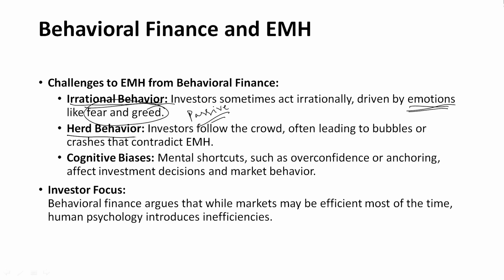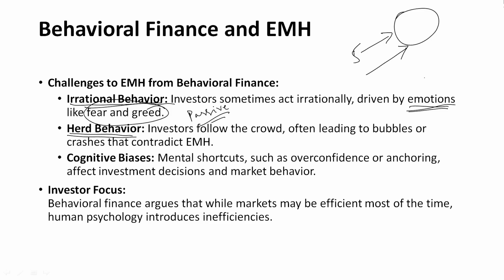Then you have something called herd behavior. What do we mean by herd behavior? It means that if 5% are moving in this direction, then I will also move in this direction, with the belief that there is something available over there.